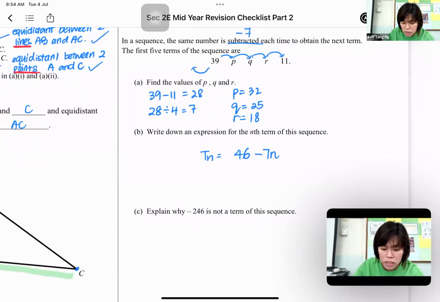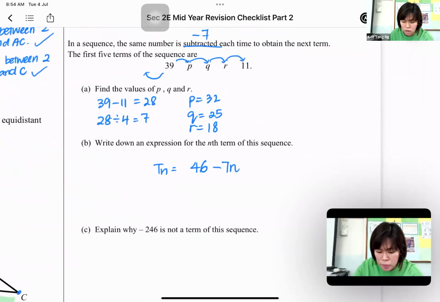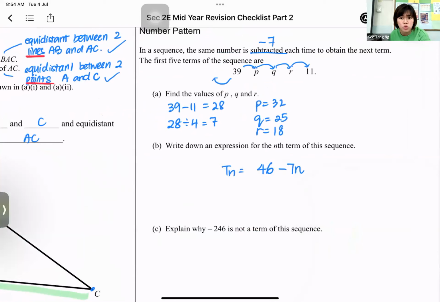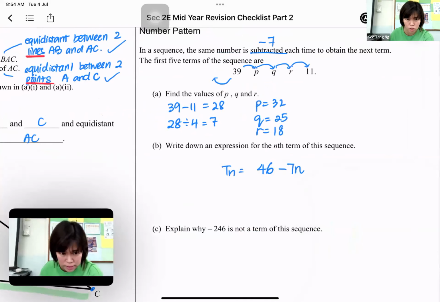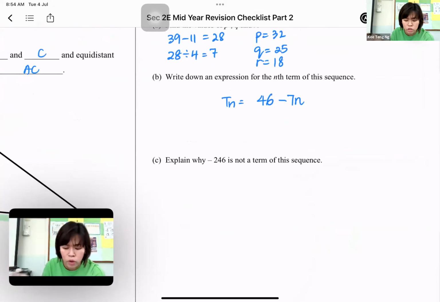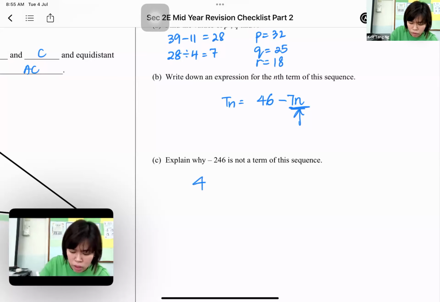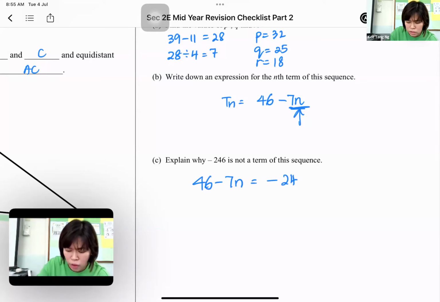Last part, explain why this is not a term in the sequence. So please do not use words to explain. Use mathematical reasoning to explain. First thing, if I want to find a term of the sequence, it means I need to find n. I already have the sequence given by 46 minus 7n equals negative 246.